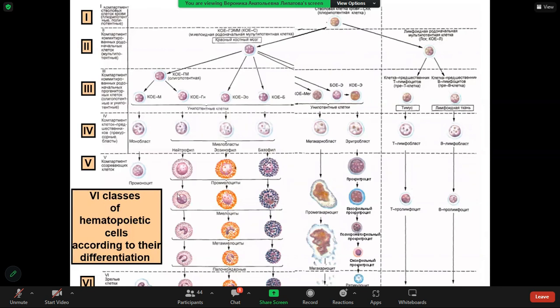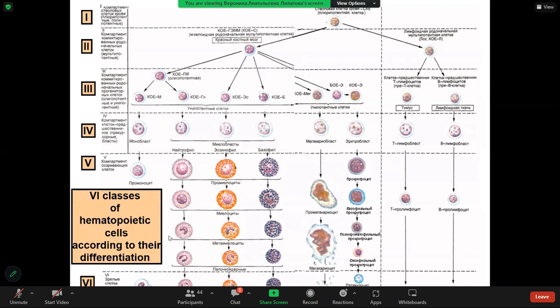In fact, the ability to divide is possible only if the nucleus is spheroid, and this is the latest stage when the cell can divide.